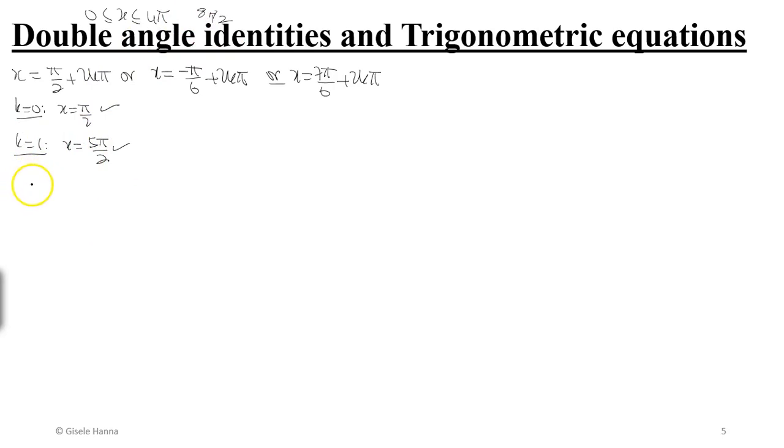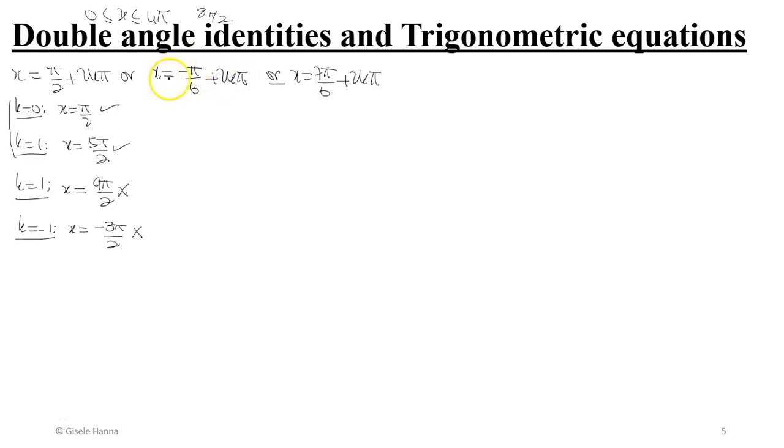For k equals 2, we're going to have x equals pi over 2 plus 4 pi. Now that is 9 pi over 2, that is greater than 8 pi over 2, that is rejected. For k equals negative 1, we notice that the angle is negative, that's negative 3 pi over 2. Now the domain is positive, so that is rejected. So these are the only two that are accepted for this case.